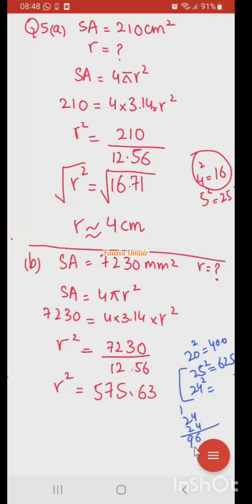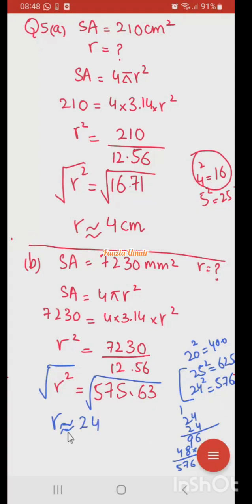It's 576. So 575 is close to which number? Will the answer be 24 or 25? 24, ma'am. Okay, because it is closer to 576.